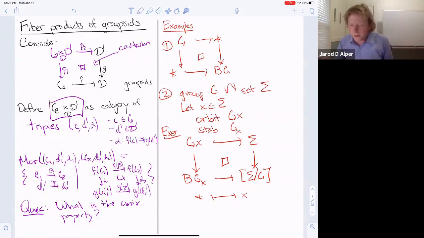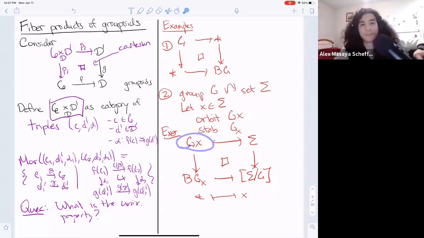Like in the first example, a point to BG, or in the sigma to sigma mod G, we view this as the category associated to the set, and then this is a functor between them. And same with this.